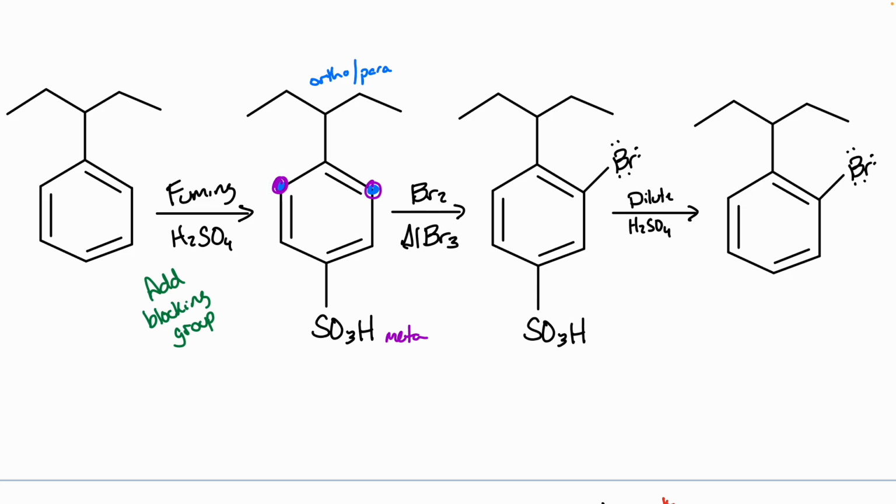Then we did our electrophilic aromatic substitution reaction, added that bromine, and then we removed that blocking group. So that now our major product is that previously sterically hindered bromine in the ortho position. Right? So one strategy that we can use to get a particular product is using these blocking groups here.